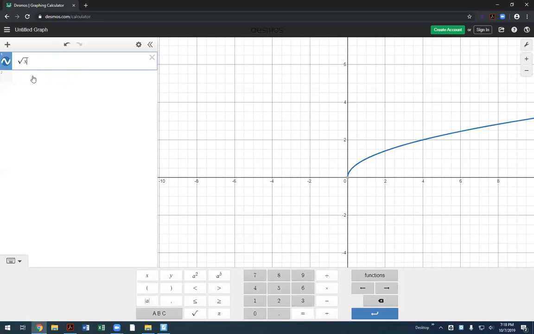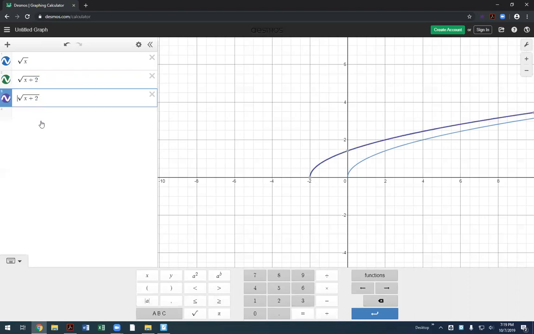Okay, so we started out with the square root of x function as our base function. We moved it 2 units to the left when we added that 2 inside the parentheses, right? So that was our first transformation.